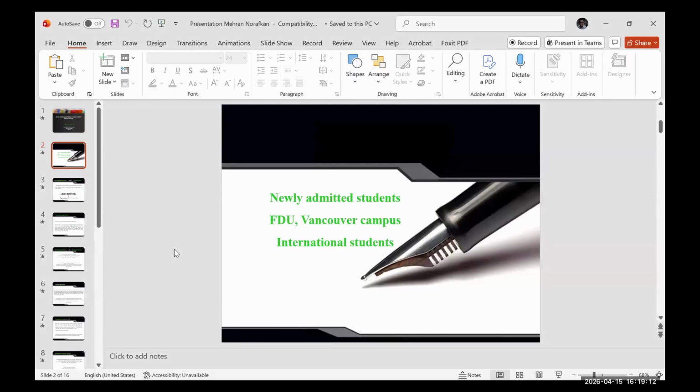Once they are admitted from different countries in the world and arrive at the Vancouver campus, they're supposed to take a placement test. Besides that, they also have their IELTS score or TOEFL score or other English battery tests, and based on that, they are placed in different EPS courses. We have EPS 5099, EPS 5299, and EPS 6299. Depending on the grade they have from their placement test, they are placed in such courses.